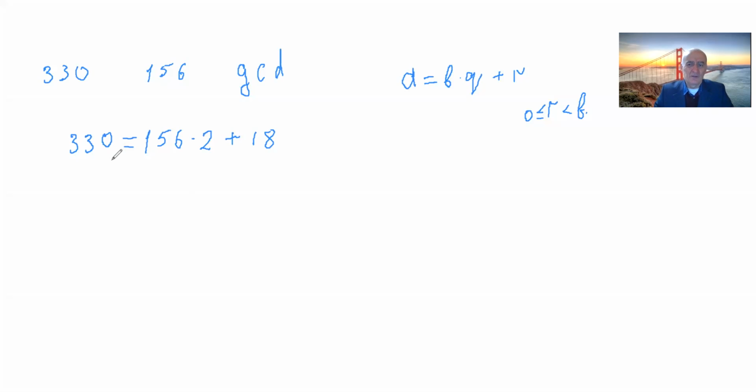So 330 we divided by 156, and we represented it in this form. Okay. Now, the next step is to divide 156 by the remainder in the same way.